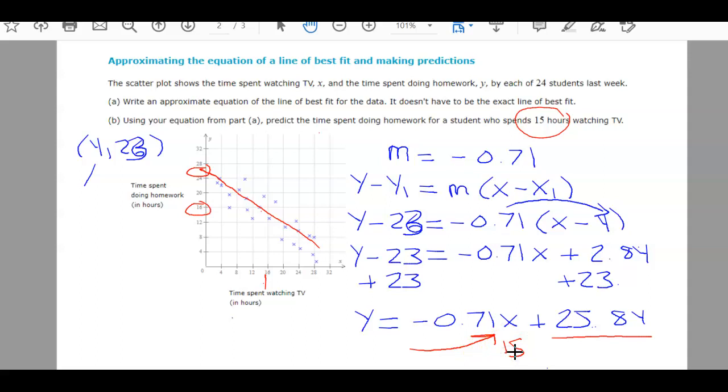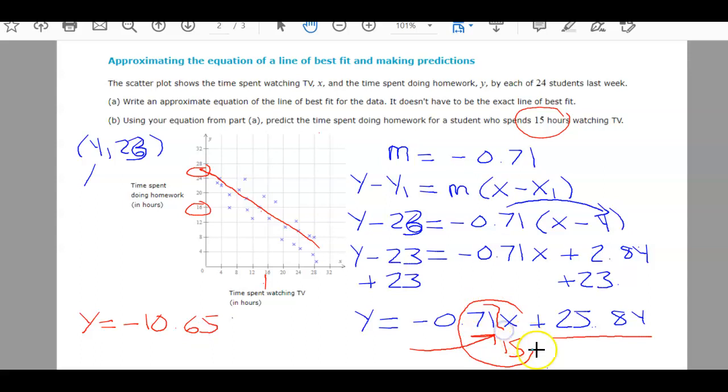So I've got my handy dandy calculator right here, so we're going to go ahead and do negative 0.71 times 15, and that's going to give me negative 10.65. And again, that came by multiplying these two together here.